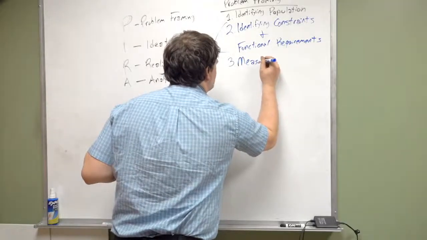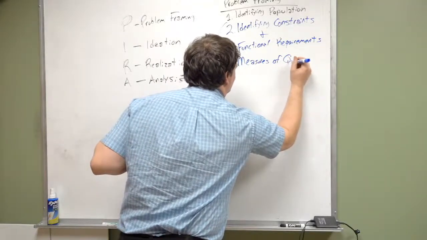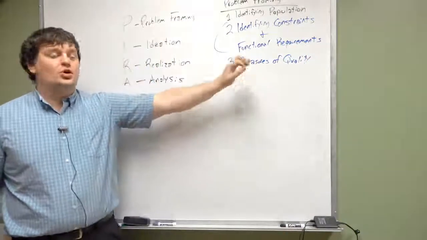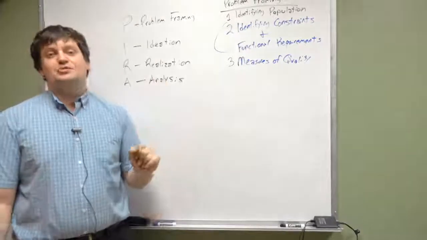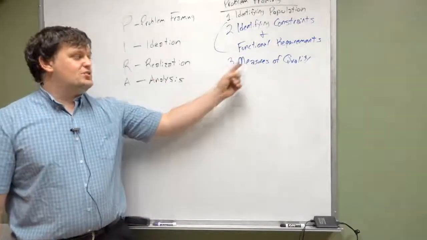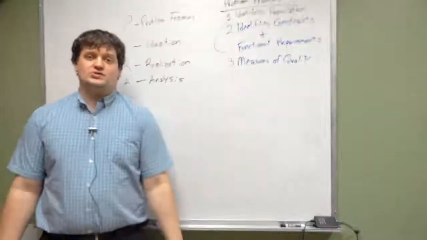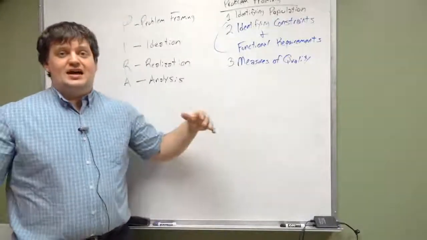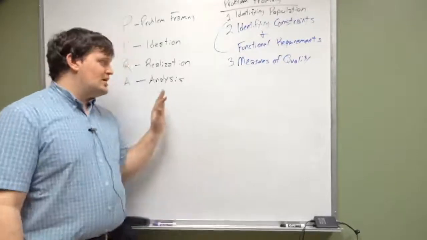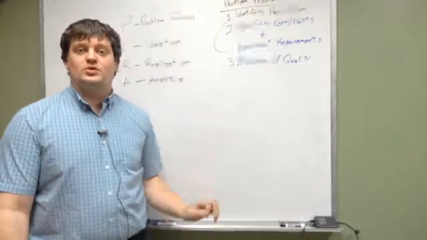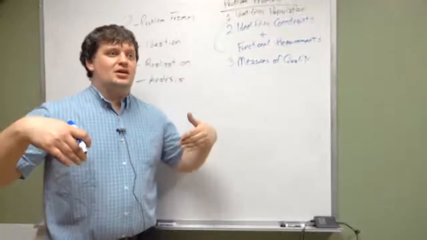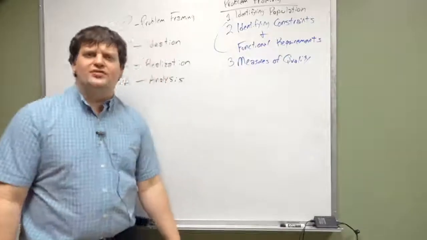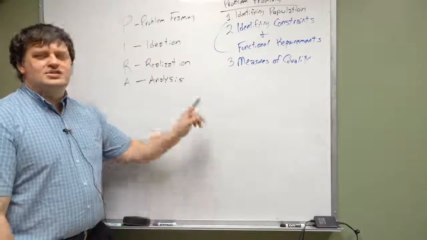The third step is identifying measures of quality. Now, what is a measure of quality? How do we know what is good? What can you measure about something that you can use to compare against other solutions? If we're talking about whiteboard markers here, a measure of quality is how much of it erases when you swipe over it once with a clean cotton cloth, applying 1 psi of pressure evenly across the cloth. Does it erase nicely?